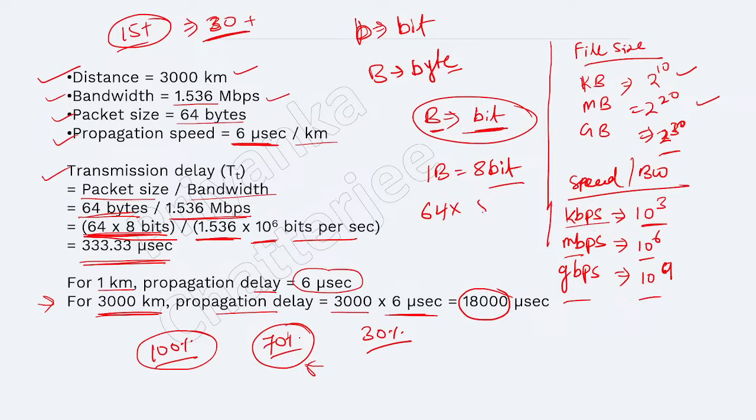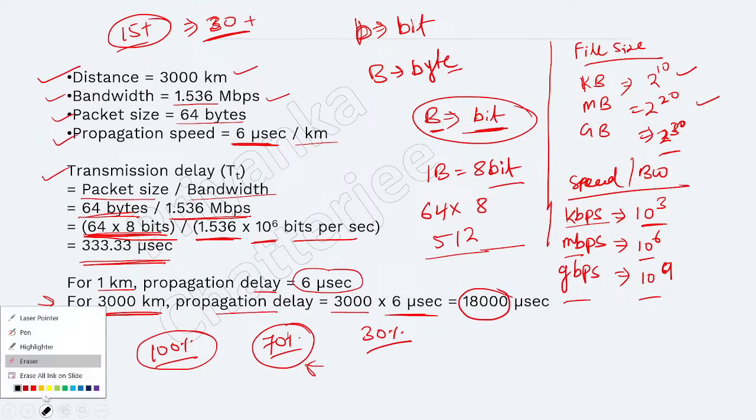If I am doing 64 multiply 8, my answer is coming 512, right? 64 into 8. 512 divided by 1.536.